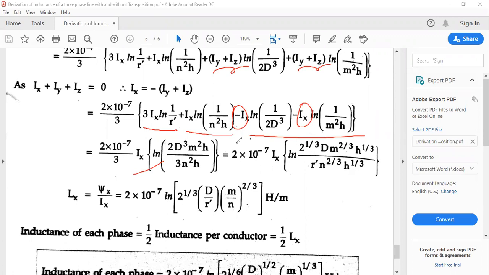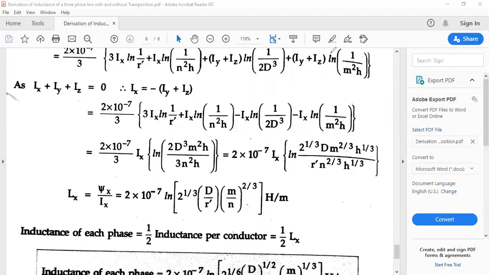So later on, I will be having these terms. Let me group the terms carefully. So ix is taken as a common factor here. If I want to group the terms now, how do I group it? And again, if I want to take the inverse of it, I'll be writing it as positive 2d cube. I can write it as m squared h, that is inverse, and again write it as plus 1 here.